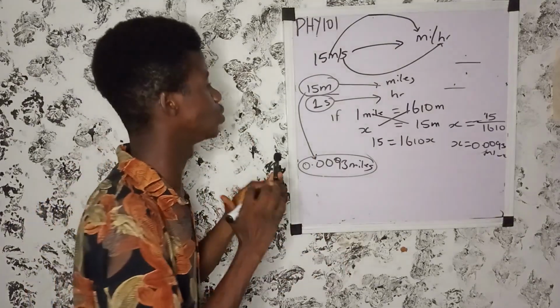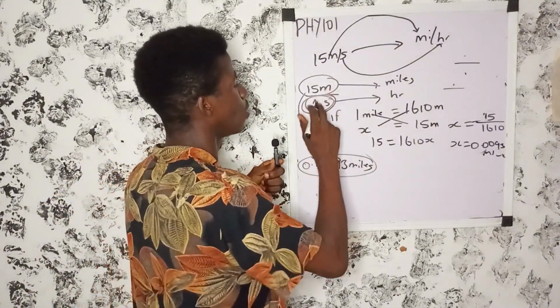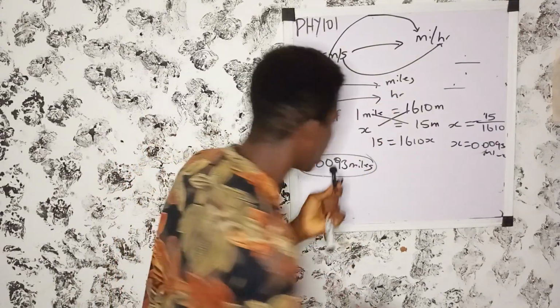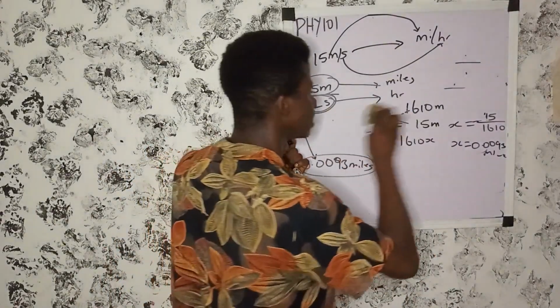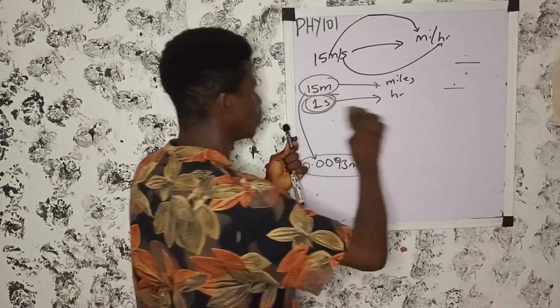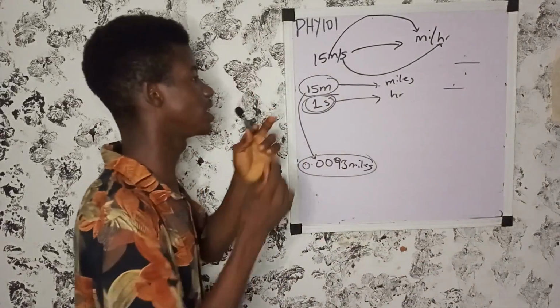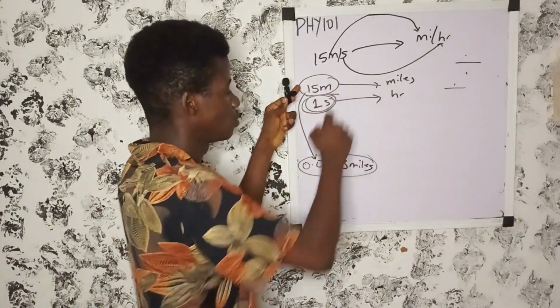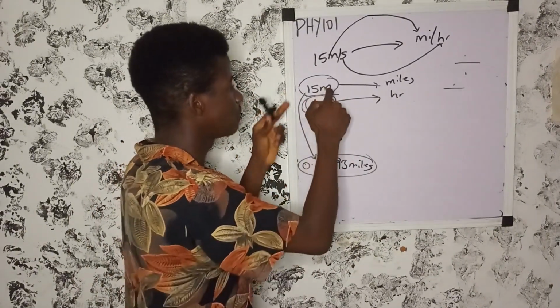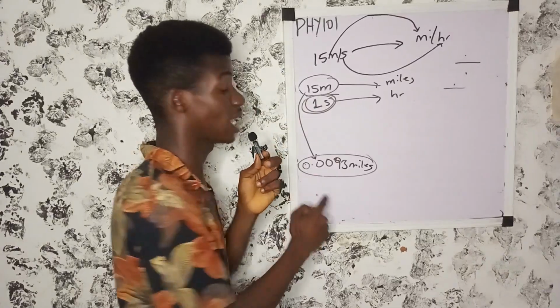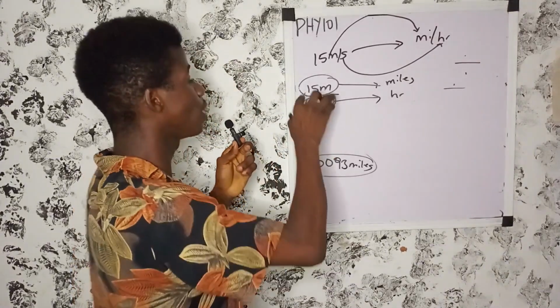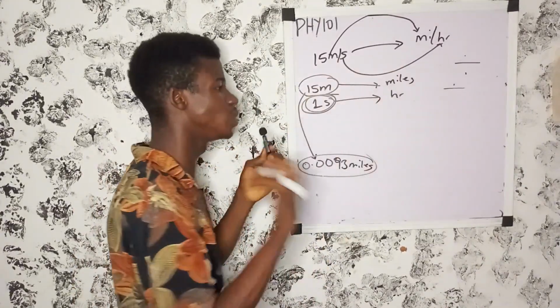Now the next thing we need to do is convert 1 second to hours. Once we have converted it to hours, we divide the miles by it to get our final answer. The very first thing we did was convert 15 meters to 0.0093 miles. Now to convert 1 second to hours, how are we going to do it?